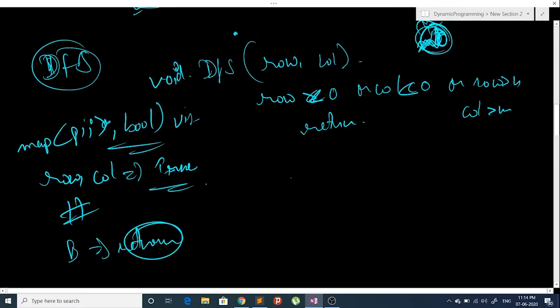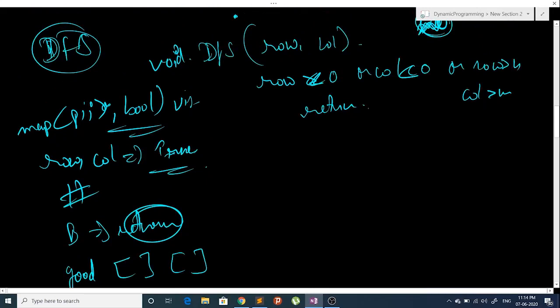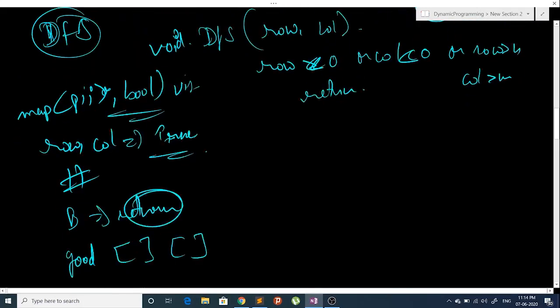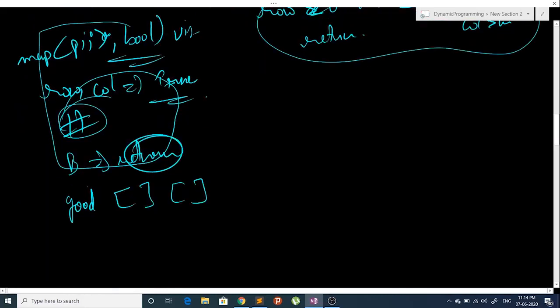Now I also will have a 2D good array, in which if I can reach without these all things, like if this is false and I don't have a wall here, I don't have a bad person here, so I'll just mark it 1, otherwise I mark all the good positions as 0.